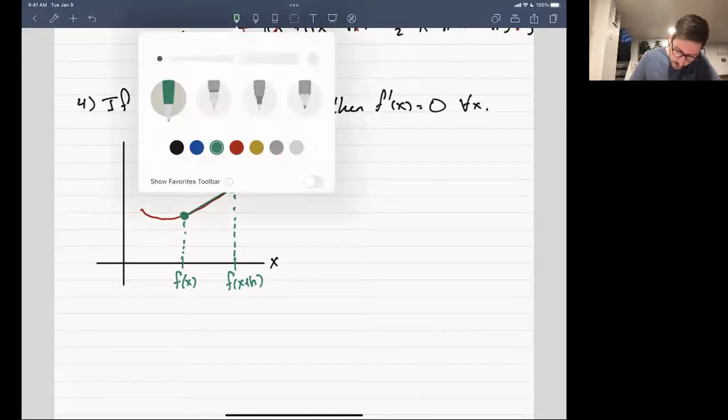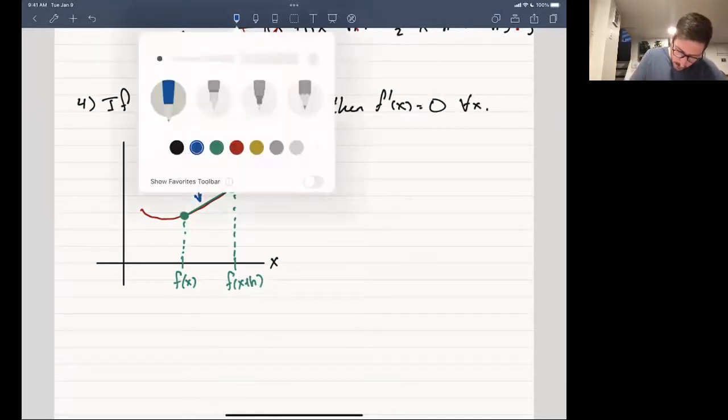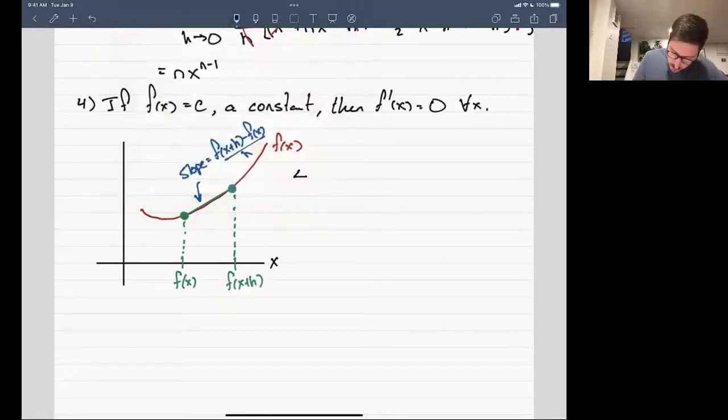And so we know the slope is equal to f of x plus h minus f of x, divided by h. So what we could do alternatively is define the change in f. This might be a more physics-based notation.